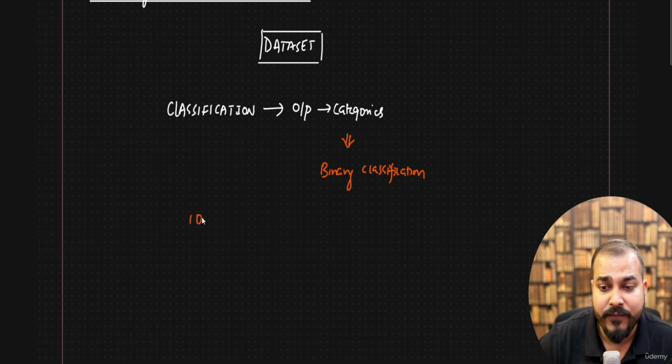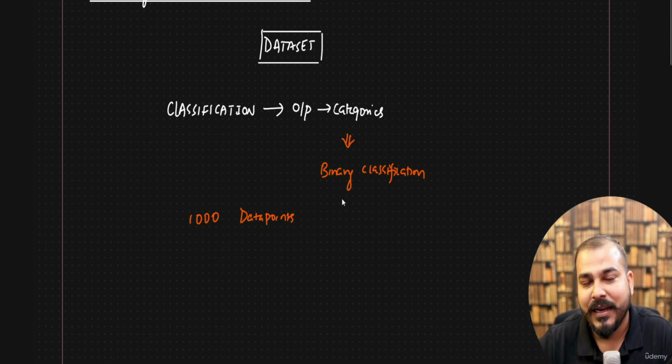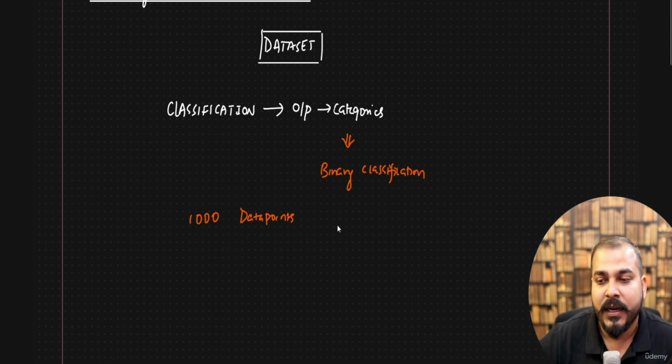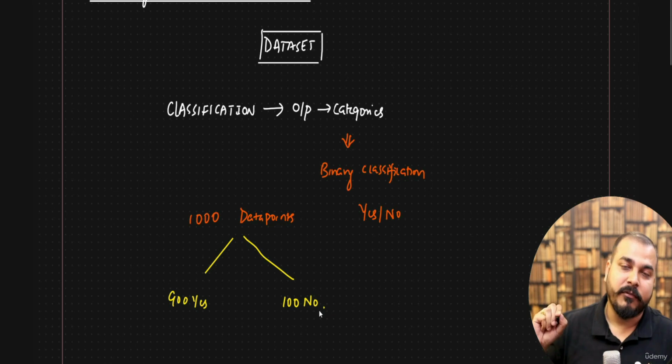Let's say I have 1,000 data points in my data set. Okay. Now, with respect to these 1,000 data points, the output feature is a binary classification problem. Let's say my output can be something like yes or no, right? Now, out of these 1,000 data points, let's consider that I have 900 yes and 100 no data points, right?